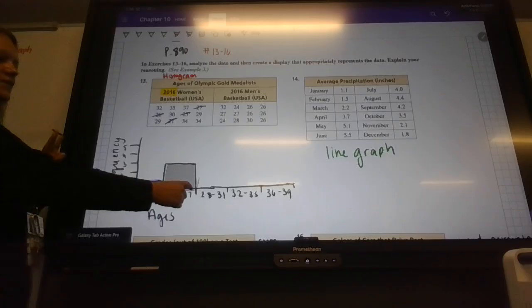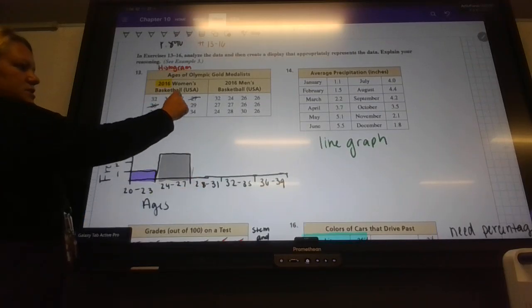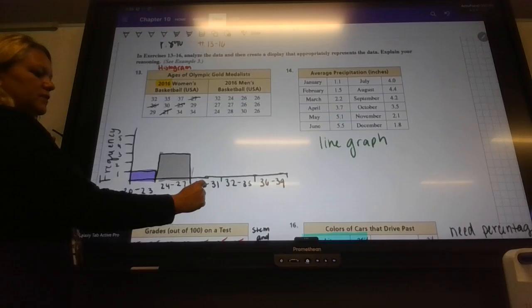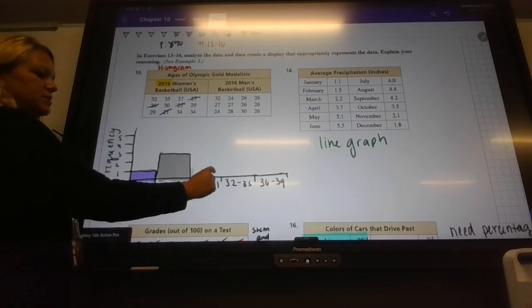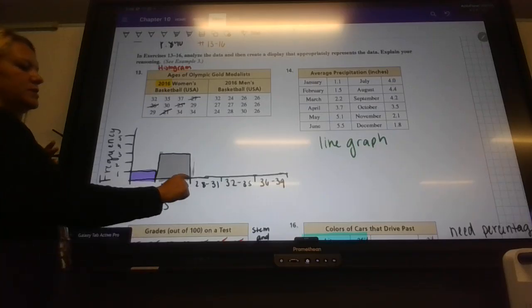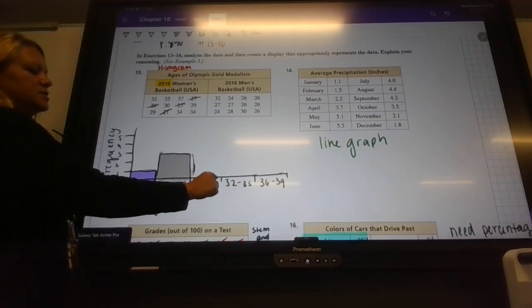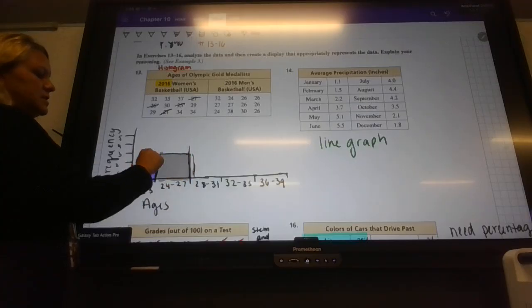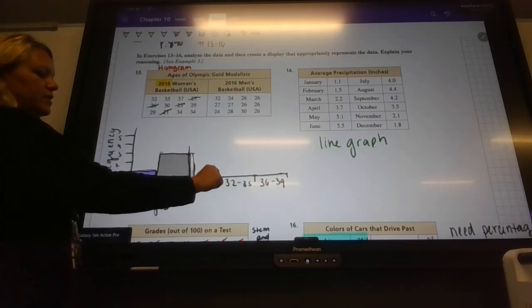So for this age range, there's 3 in the box. So you're going to do another box up to this 3 level, right next to it. It should be touching. A histogram, they touch. Yep. And it's even. It's still right at 3.